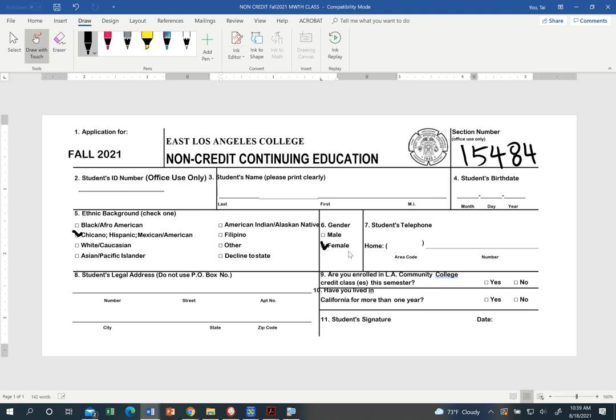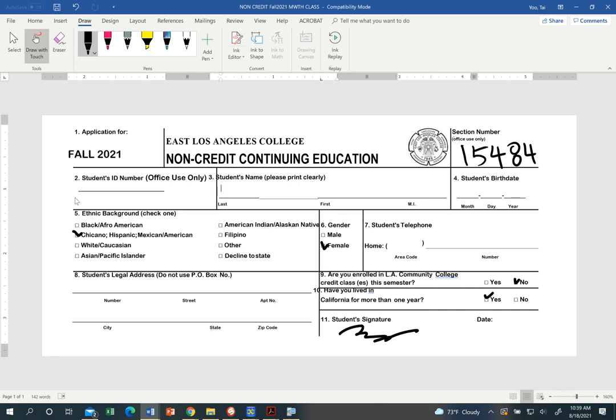Same thing, should be no, and yes, okay? All right, and then signature, and then date, you have to type it. Birthday, everything else should be typed. Only these things should be in pen, if you can. All right?